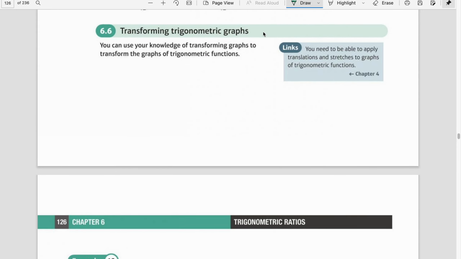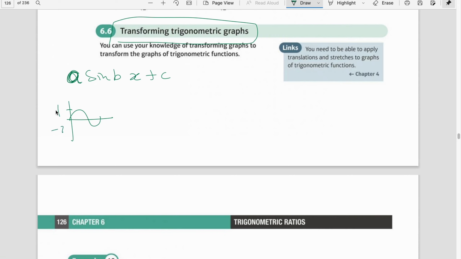Now transforming trigonometric graphs. This is exactly what we covered. A sine bx plus c. A, how does that transform? This is the amplitude. Sine theta goes 1 to minus 1. So what happens when this goes to 2? This is a vertical stretch with scale factor 2.